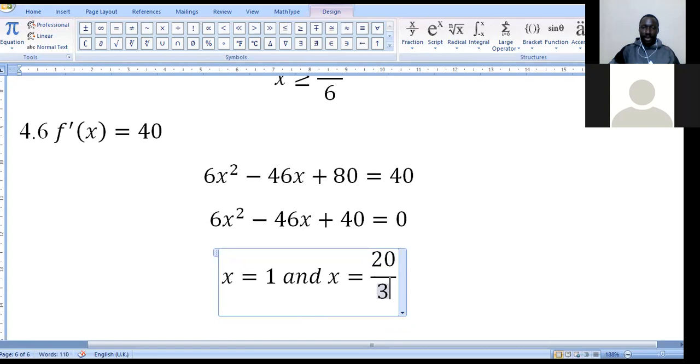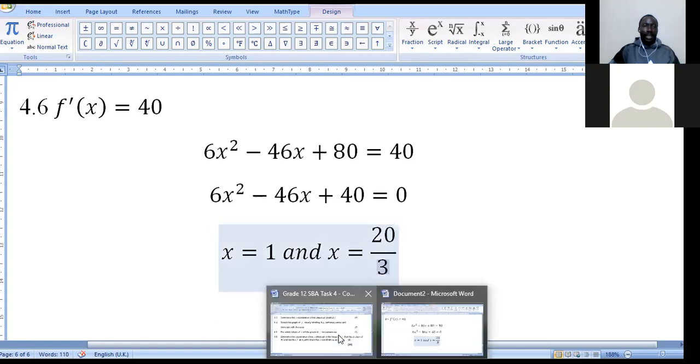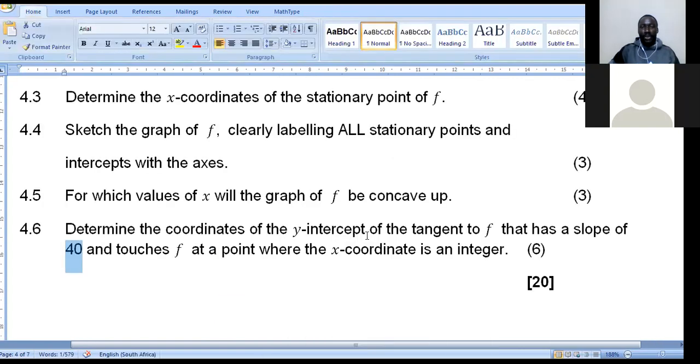So determine the coordinates of the y-intercept of the tangent to f. How do we even determine the tangent to f?